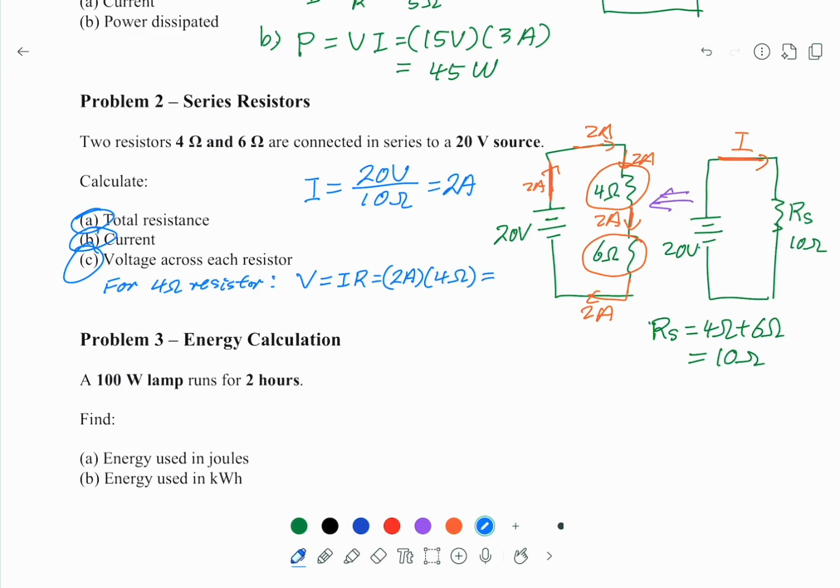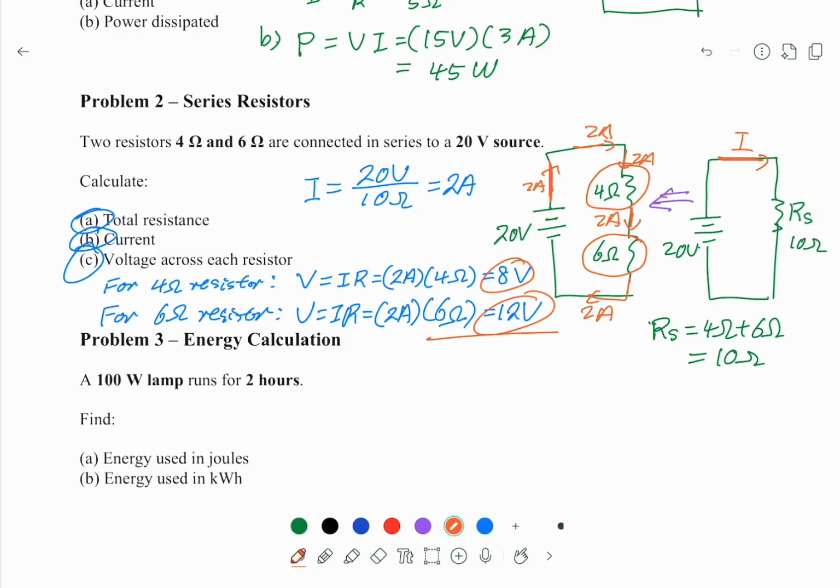So you have 8 volt. For the 6 ohm resistor, V equal to IR. I remains unchanged, the same, 2 ampere, but this time the resistance is 6 ohm, so it's 12 volt. Now note, when we add the two voltages, it's equal to 20 volt, so this is the overall voltage.